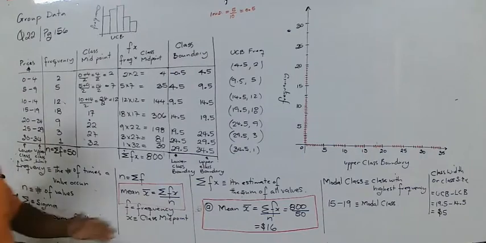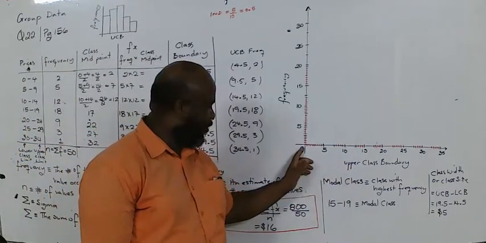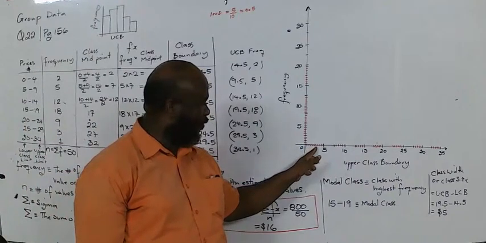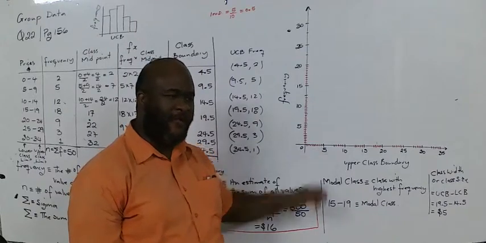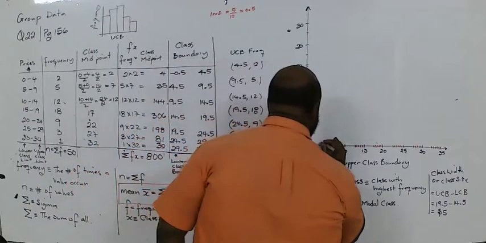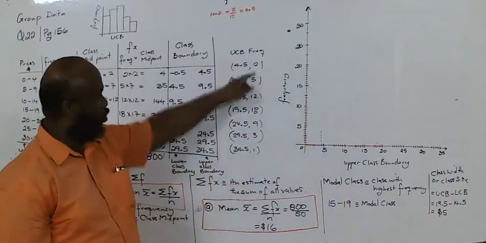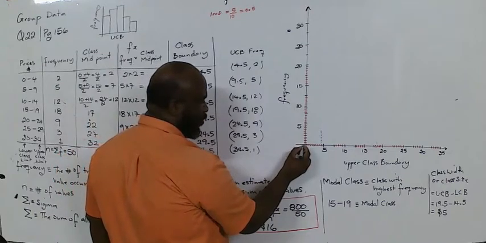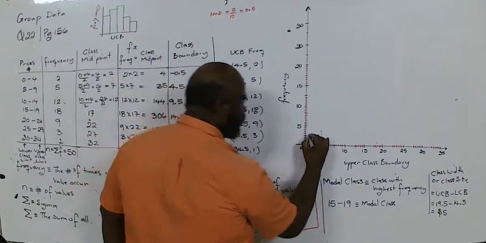4.5. We already established that 4.5 is just before 5. 0, 0.5, 1, 1.5, 2, 2.5, 3, 3.5, 4. 4.5 is just before 5. So 4.5 on the horizontal corresponds to 2 on the vertical.